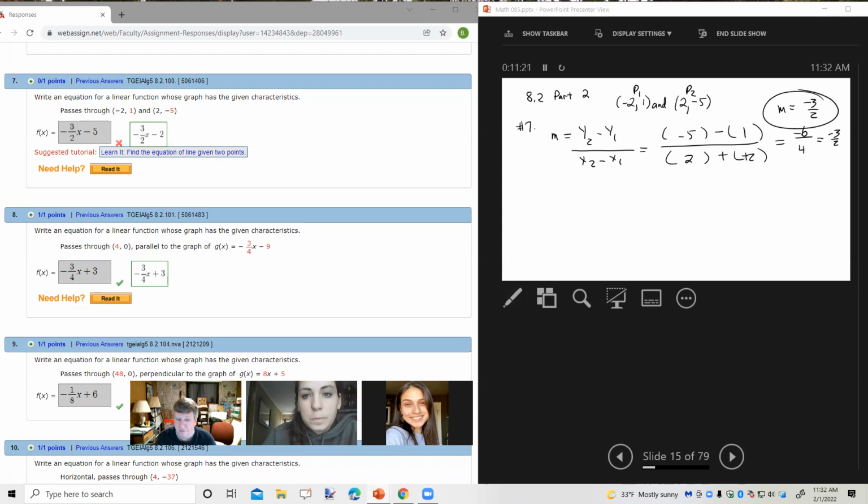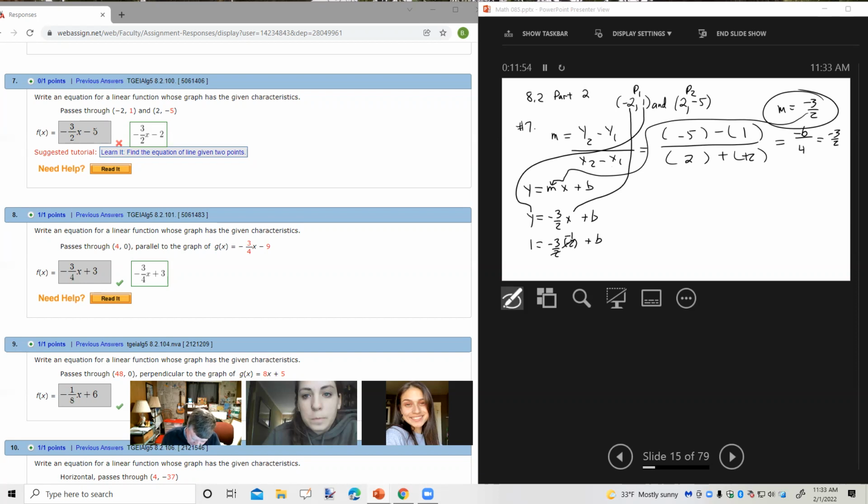Any questions about how I found that? All right. So using y equals mx plus b, the slope is going to go right there. So y equals -3/2 x plus b. Then we'll take either one of the points. I'm going to go ahead and use point 1. So x is -2 and y is 1. So 1 equals -3/2 times -2 plus b. -2 over 2 reduces to -1 over 1.